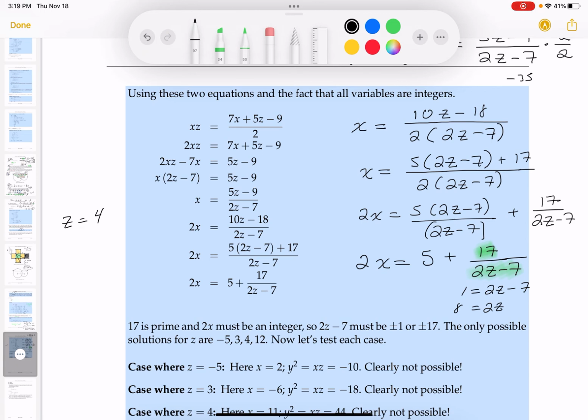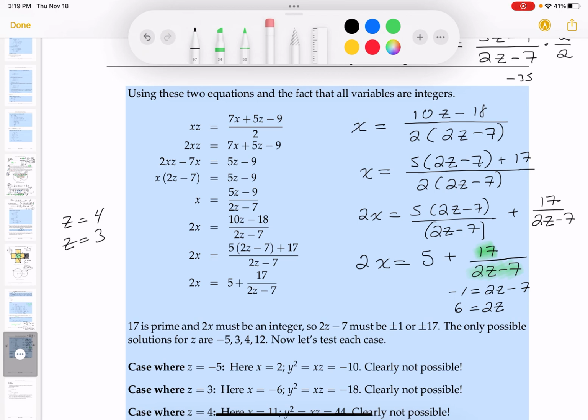And let me try the next one. I'm going to erase this, and I'm going to say it's minus 1 now. I would add 7 to both sides. I would get 6 equals 2z. Z would equal 3. Again, I'm not saying they work. I'm just saying I'm looking at the 17 divided by 2z minus 7.